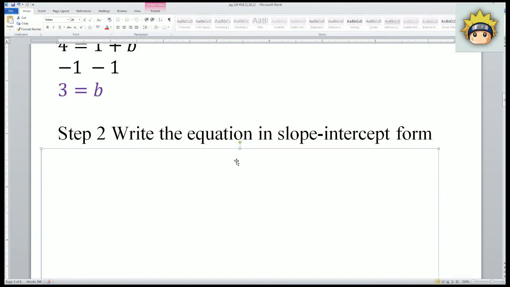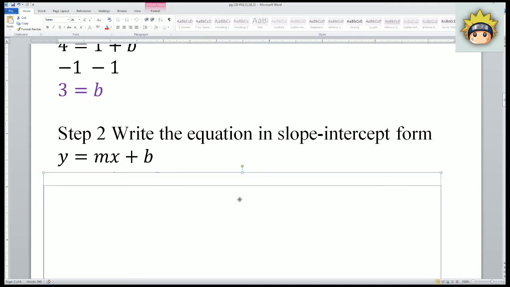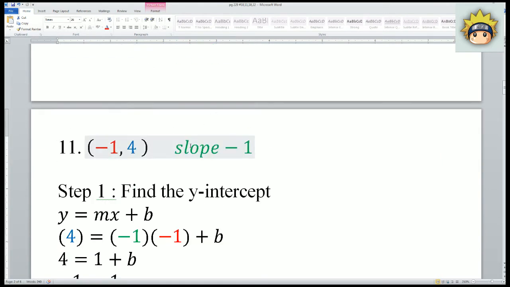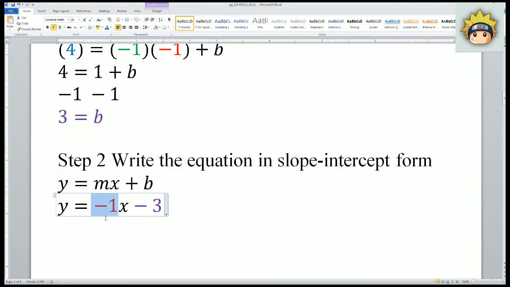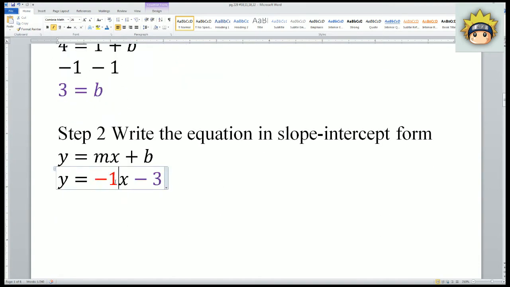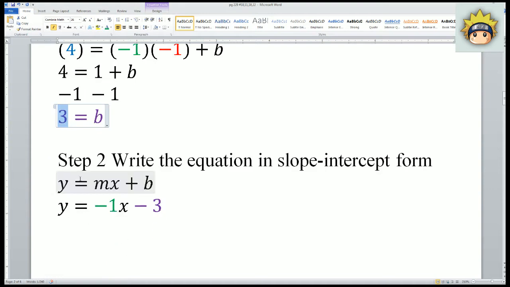Now, I can write the equation in slope-intercept form because now I have both the slope and the y-intercept. So the slope here is negative 1, which is what I figured out. And the y-intercept here is b, which is positive 3.